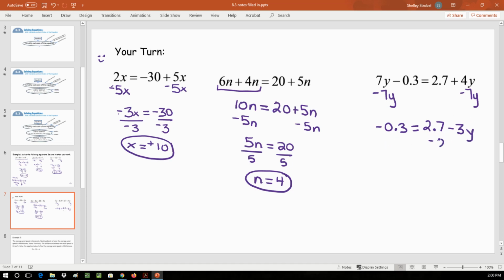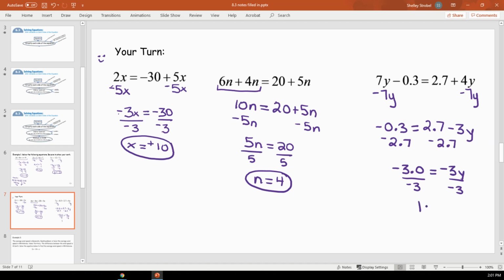So now I'm going to move 2.7 over to the left side. So subtract 2.7. Negative 0.3 minus 2.7 is negative 3.0 equals negative 3y. Divide both sides by negative 3. And y is equal to positive 1. y equals positive 1, or 1 equals y.